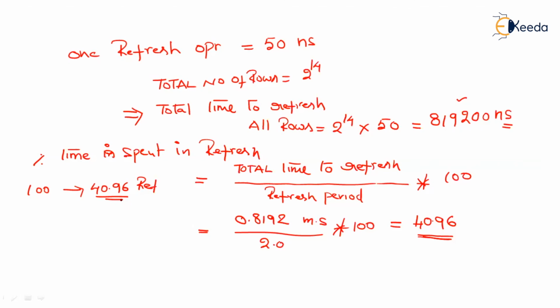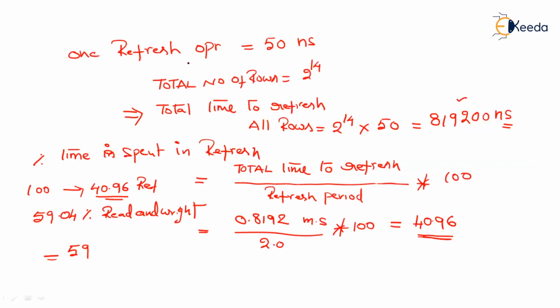Now remaining time, 100 minus 40.96 is equal to 59.04. Yes, the remaining 59.04% will be for read and write. The question asks us to round it to the nearest decimal point, that is 59. This is the answer.